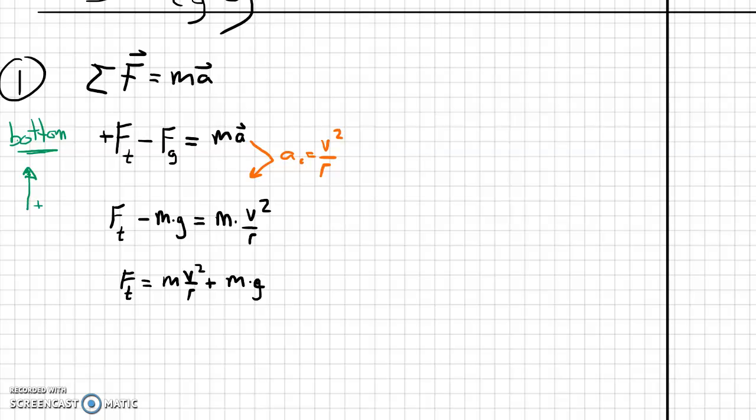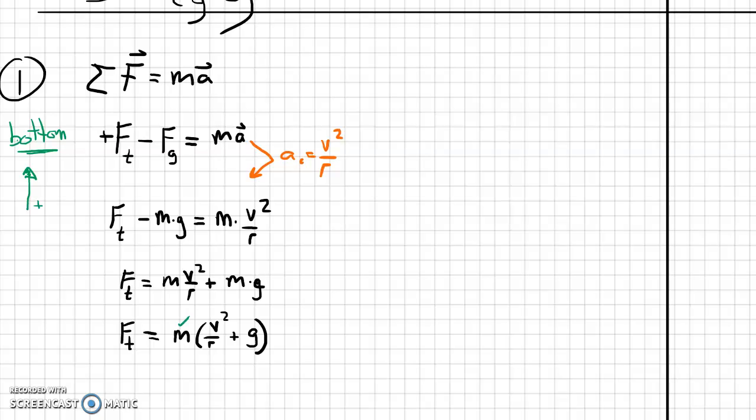All right, and again, you can leave it this way if you like, or you might notice that there's a common m between these two, and if we factor that out, we end up with m times the quantity v squared over r plus g. This gets it down into things that I know.